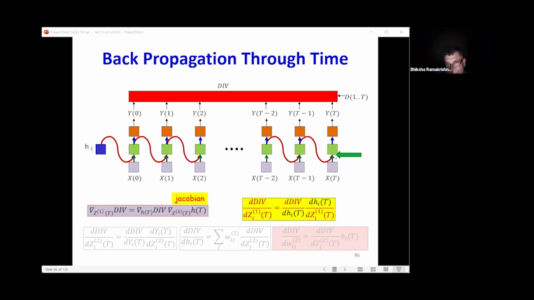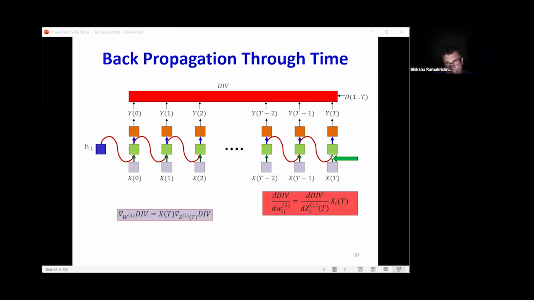So what is the derivative of the divergence with respect to these weights? Since I'm running out of time, let me answer you guys. That's simply going to be this x times the derivative of the loss with respect to this z, right? So I have got these guys.